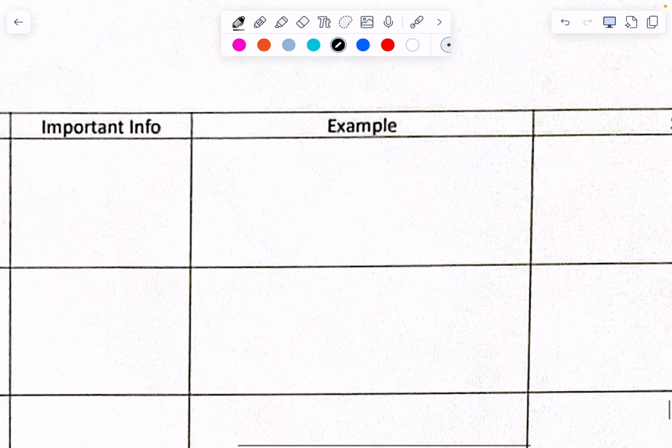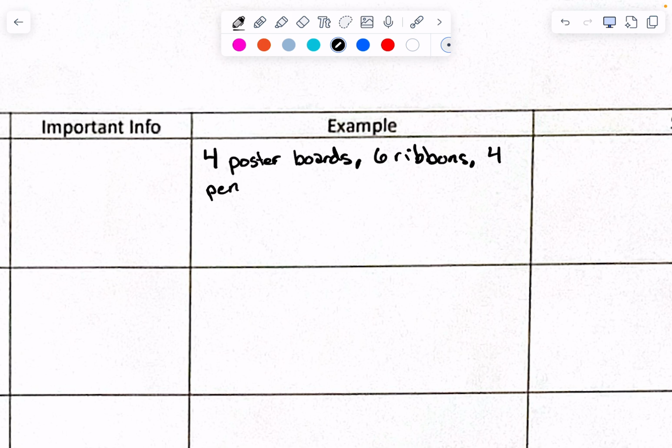I'm going to start with the examples. So let's say I have 4 poster boards, 6 ribbons, 4 pens, and 2 things of glitter.